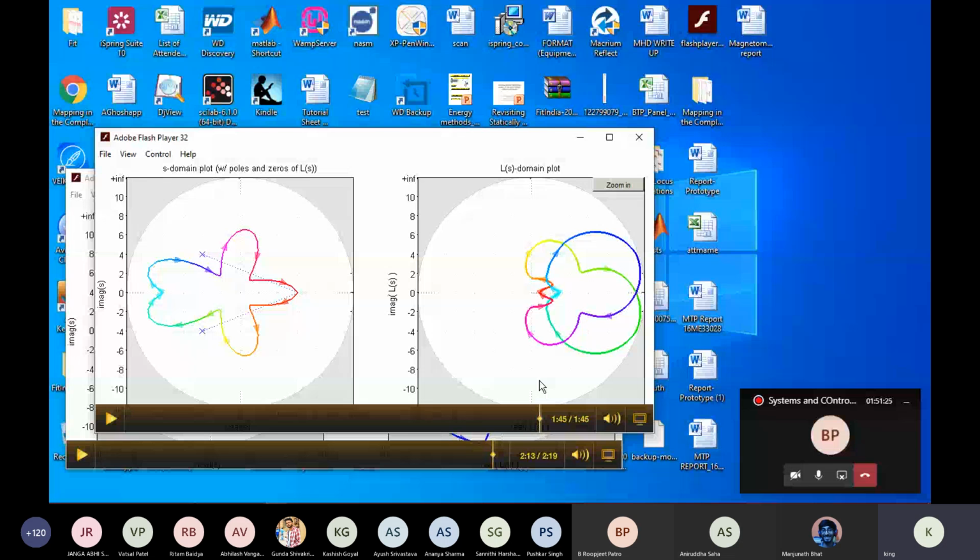And where are your poles? Your poles were outside your contour. Consequence, in your plot also, the poles are outside the contour. If your poles had been inside your contour, then you would have enclosed the origin twice.